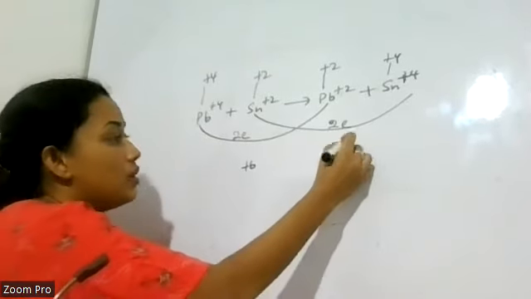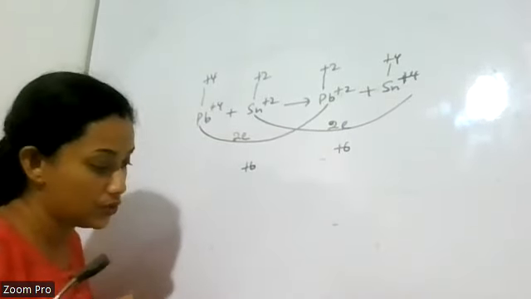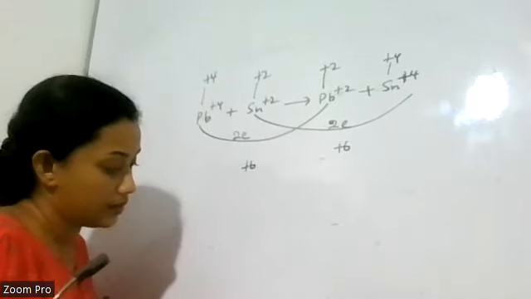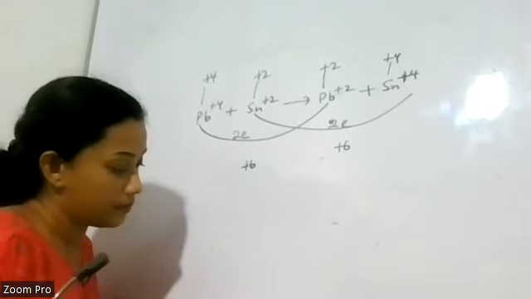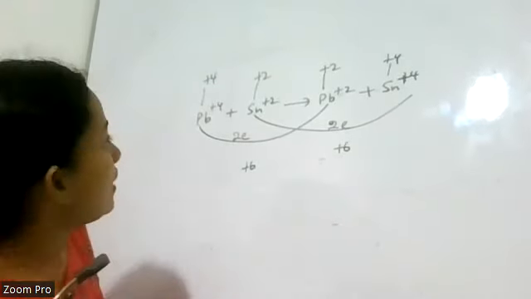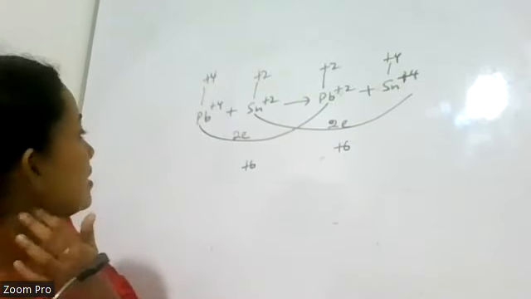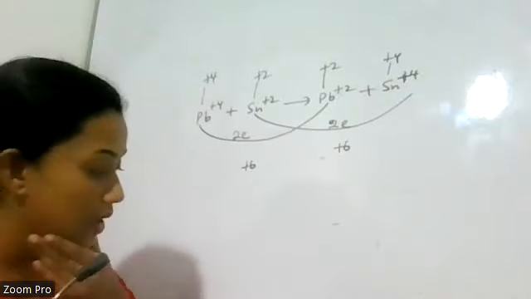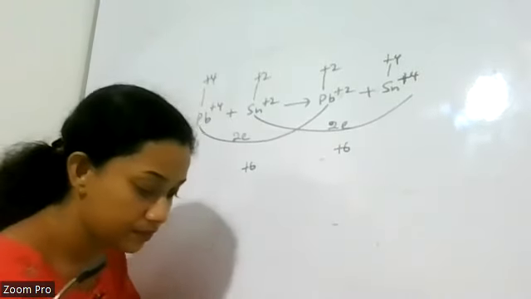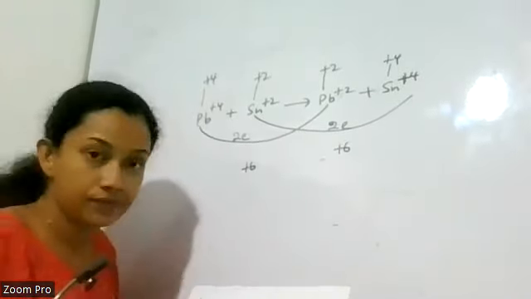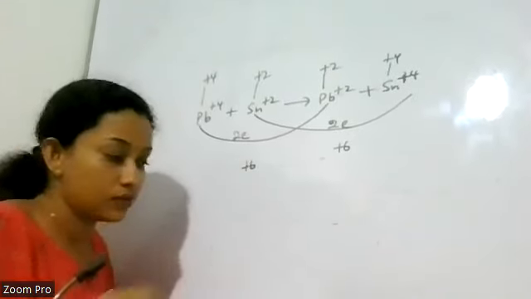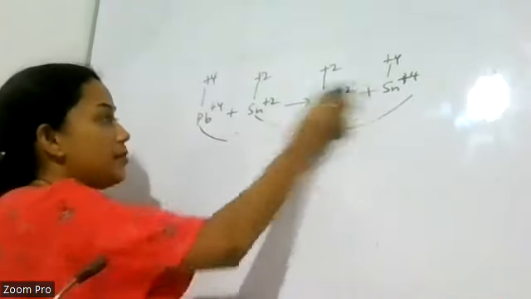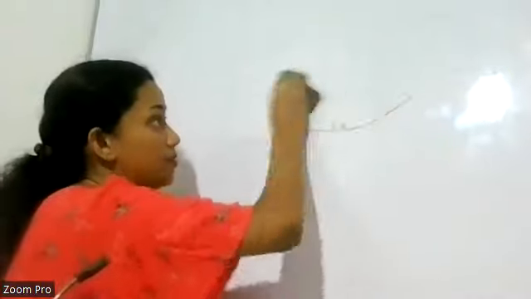Here also plus 6. Therefore, it is already balanced. No need to balance further.